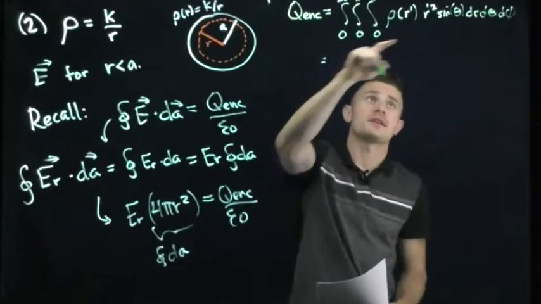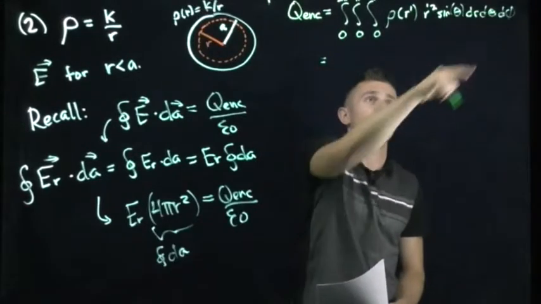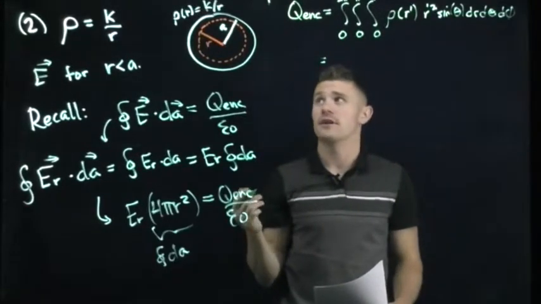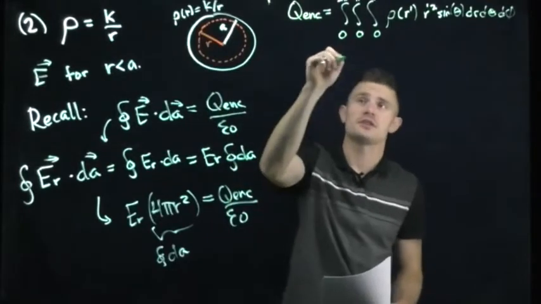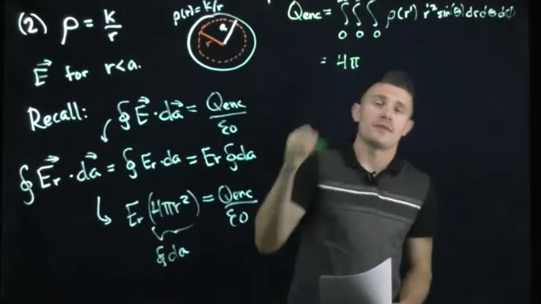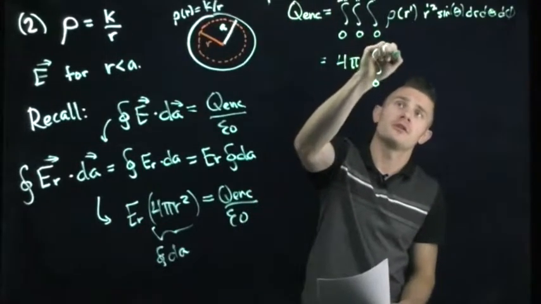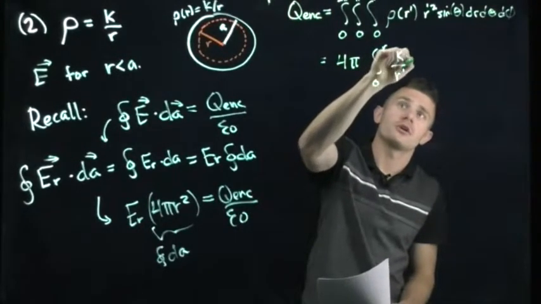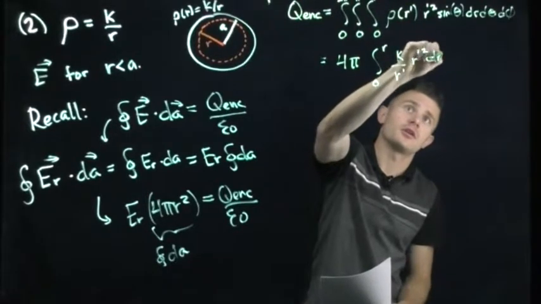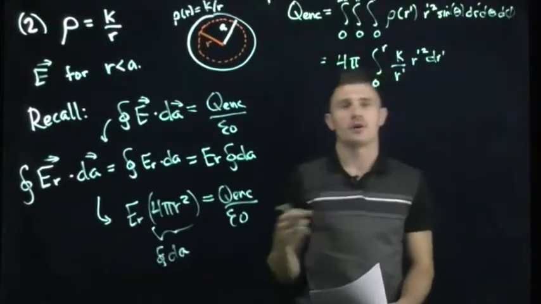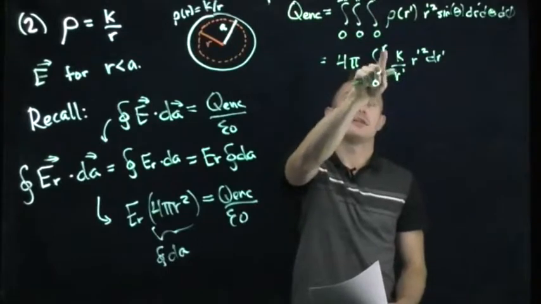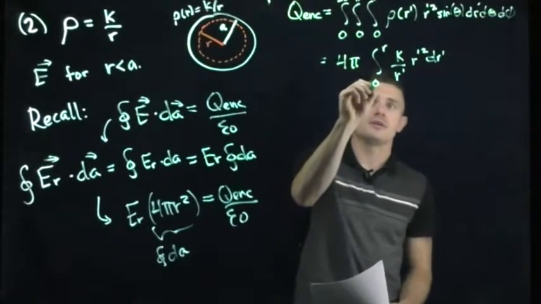So right away we can see that there's no theta and phi dependence in our charge density, so we can just integrate those out, and that's equal to 4 pi. Then we have the integral from 0 to r of k over r prime squared dr prime. Now I'm using primed r's here just to distinguish between the r of our integral and the r of our Gaussian surface, but there's no difference.